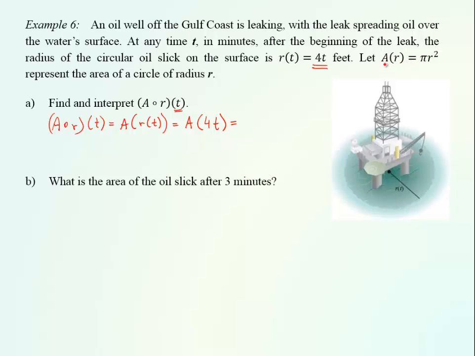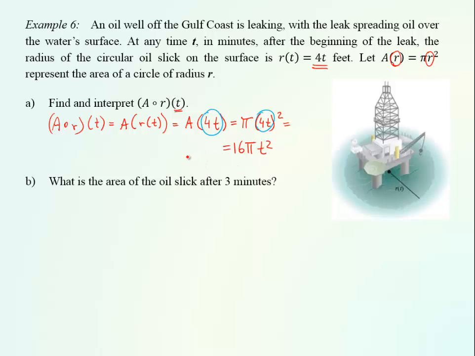But then the area formula calls for pi r squared. So it's pi, the input, which is r. In our case, the input is 4t. So pi 4t squared. So the 4t will have to be written in a bracket. Therefore, when we simplify, that becomes 16 pi t squared.